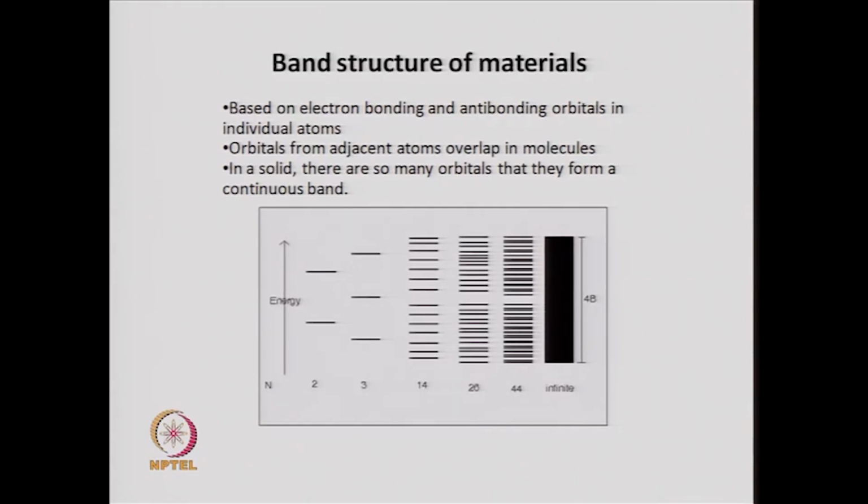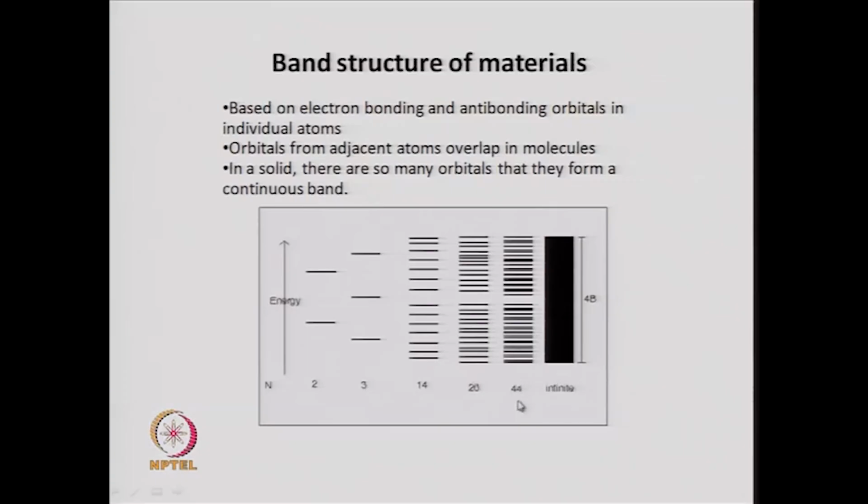Typically, in a solid there will be many millions of atoms, because as you know, in 1 gram mole of any substance you will have 10 to the power 23 atoms. So, 10 to the power 23 is a very large number, a huge number.